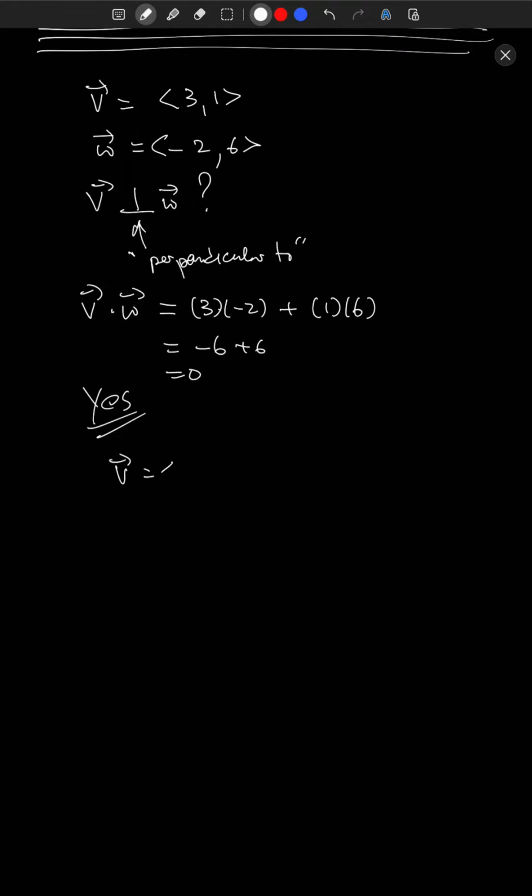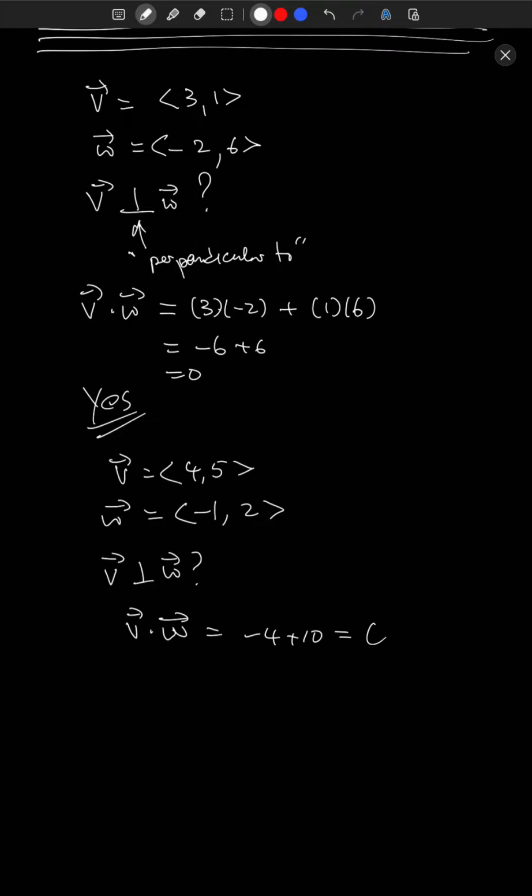Whereas if v were equal to (4, 5), and w were (-1, 2), is v perpendicular to w? Well, I just calculate v dot w, and I get -4 plus 10, which is 6, so the answer is no. So you don't have to do any math at all, pretty much.